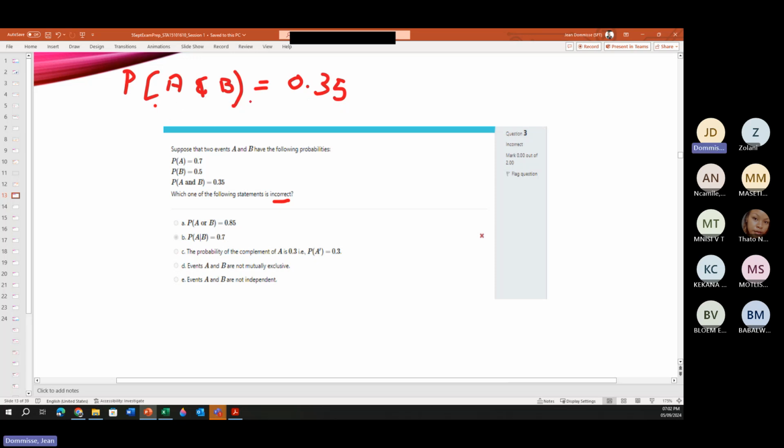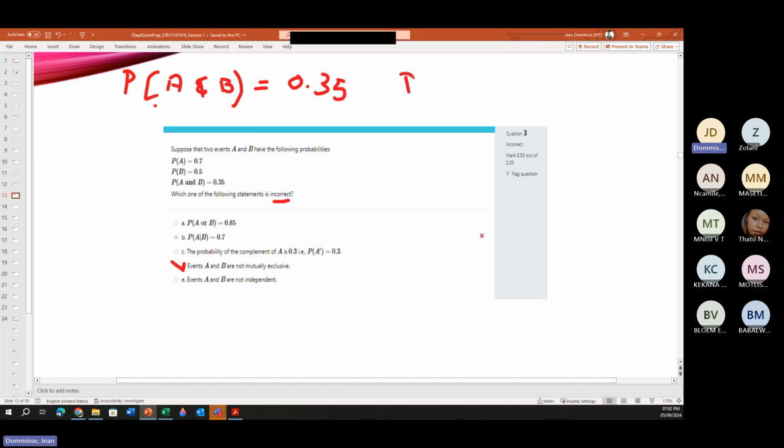If you needed it to be mutually exclusive, A and B would have been equal to 0. So events A and B are not mutually exclusive, correct, because if they were, it would have been equal to 0.